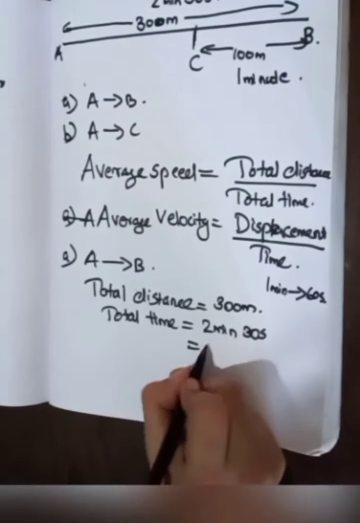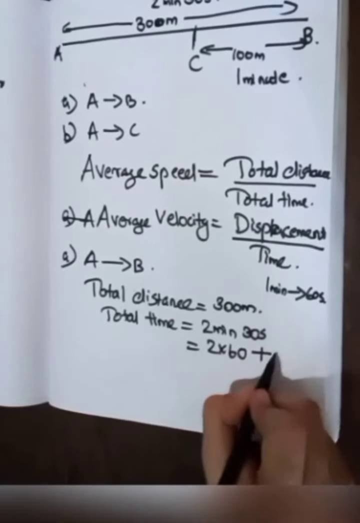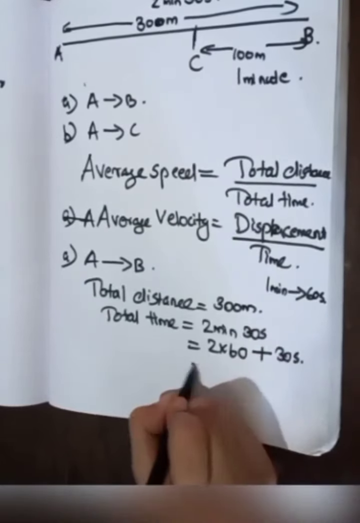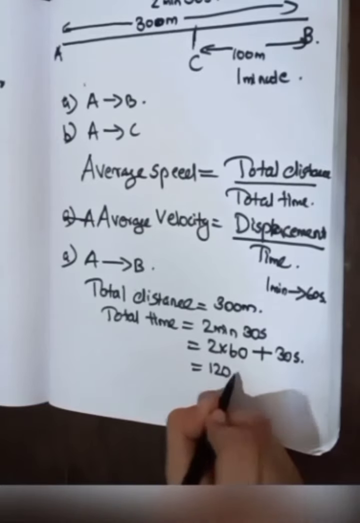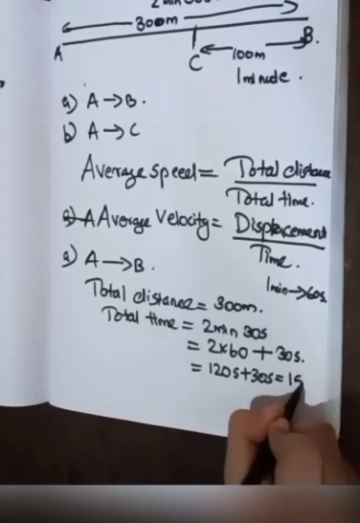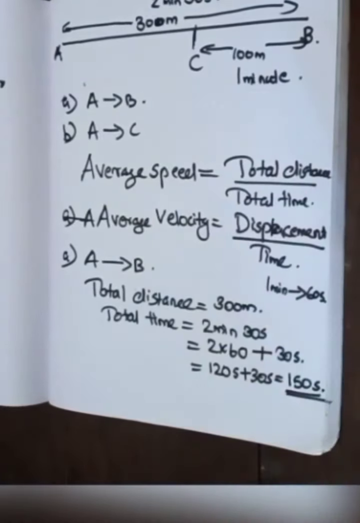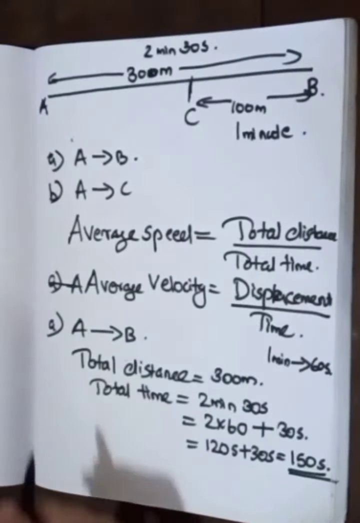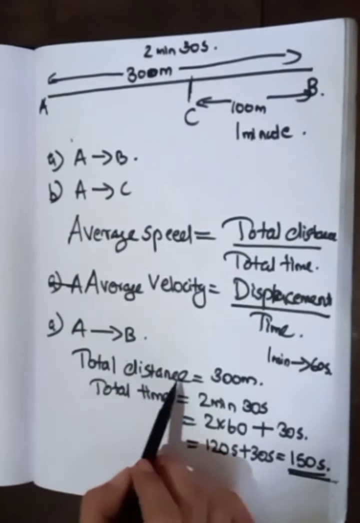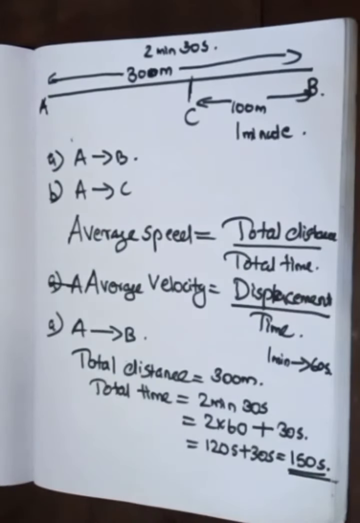Therefore, 2 minutes is 2 into 60 plus 30 seconds. Therefore, 2 into 60, that is 120 seconds plus 30 seconds, that is 150 seconds. Hope you clear that. So from A to B, total distance is 300 meter and total time is 150 seconds.